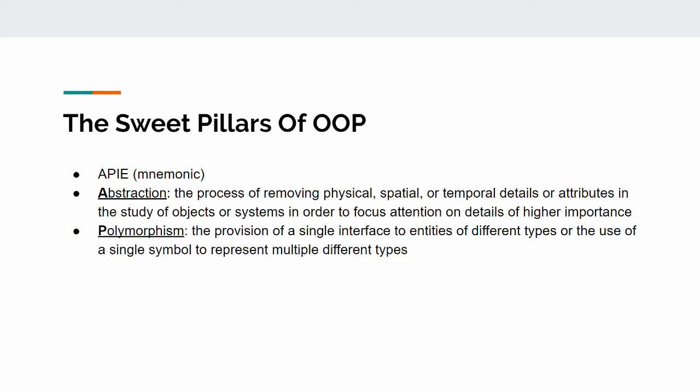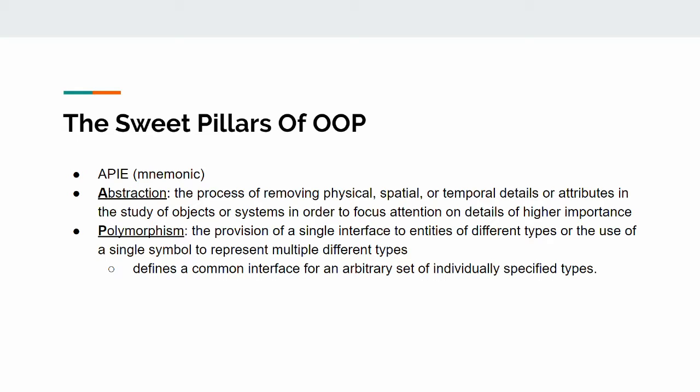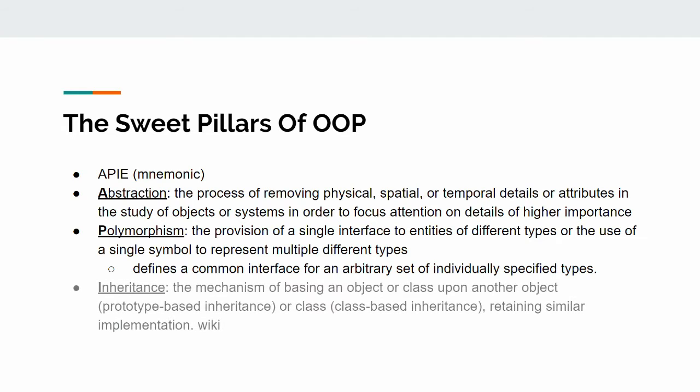So a difference between abstraction and polymorphism here is that abstraction is just the general idea of anything, where polymorphism is the general idea that allows us to define behaviors later on. So, it defines a common interface for an arbitrary set of individually specified types.